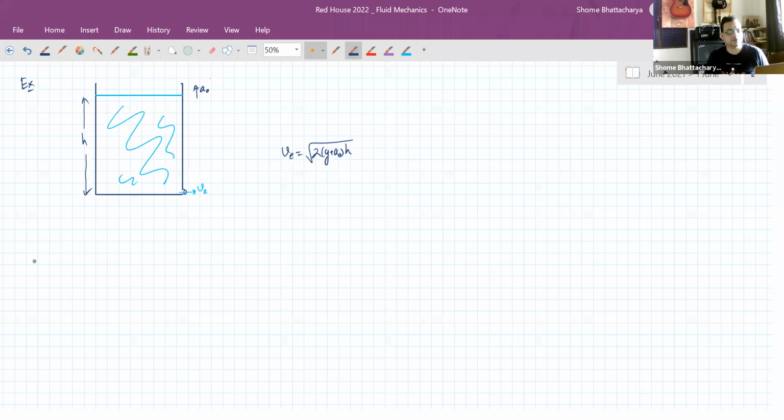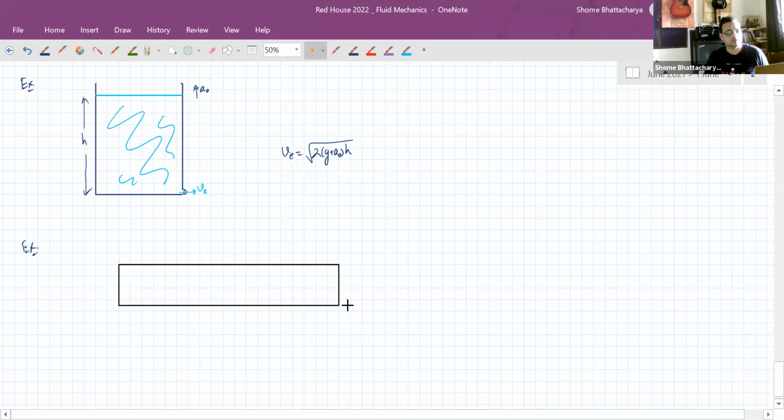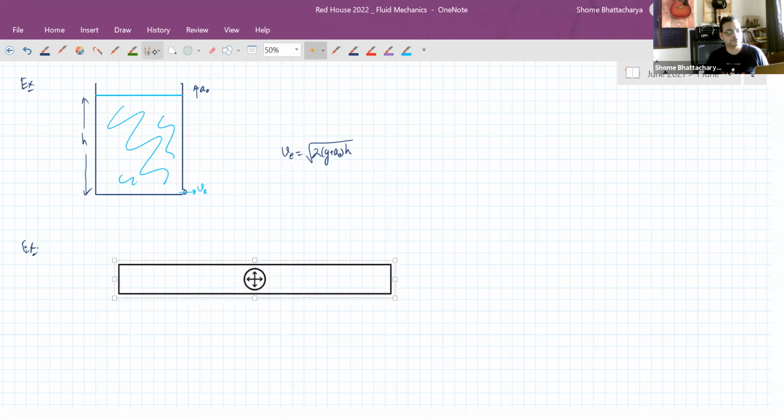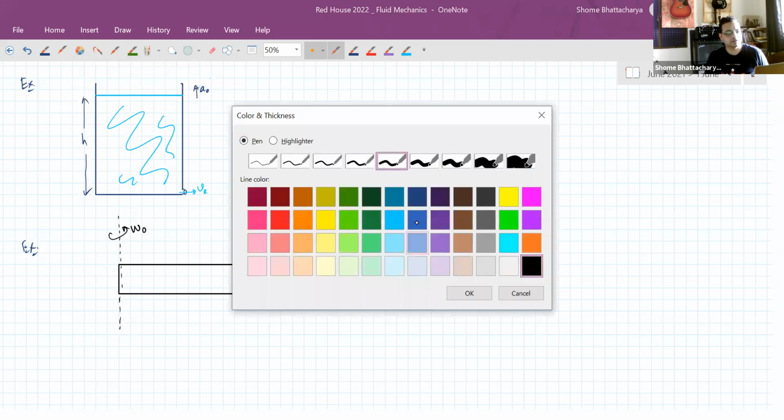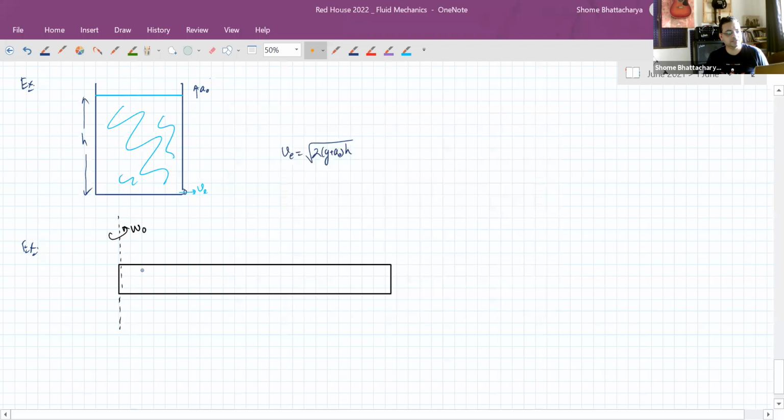So a very interesting example of this is something like this. We have a tubular vessel like this, in which we are rotating this at a very rapid rate of omega naught, let's say. And because of the rotation and the centrifugal force acting on the liquid inside, the liquid is like this.